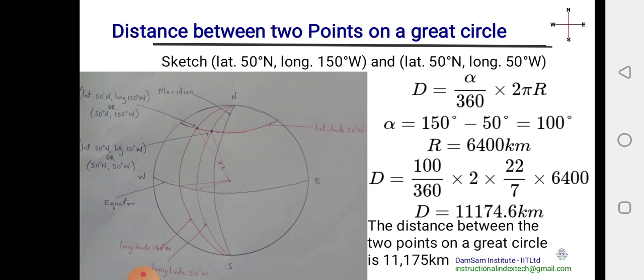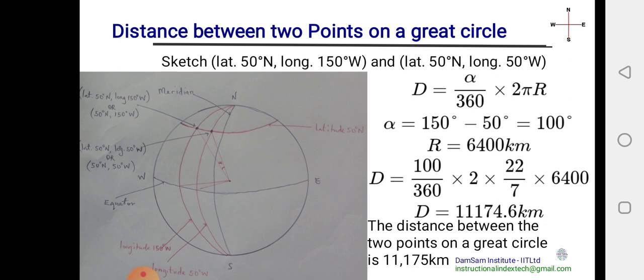Then we use the same formula to find the length of an arc, just as it has been said earlier. And please take note of how we measure the angular difference. Because they are towards the same cardinal location, the west, we are taking the difference, 150 minus 50.